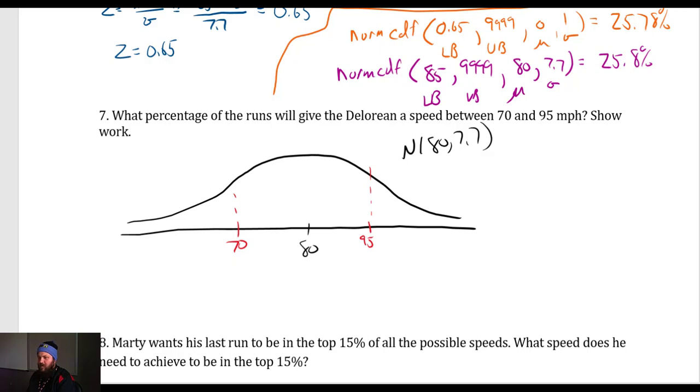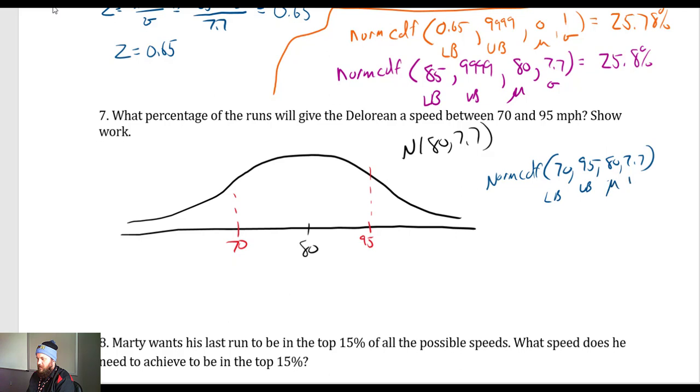Well, if we already understand the calculator and can do this, you don't need to calculate z-scores. Or you could, but the easiest way to do this is simply go normal CDF, lower bound is 70, upper bound is 95, our mean is 80, and standard deviation is 7.7. So lower bound, upper bound, mean, and standard deviation. What does that give us?